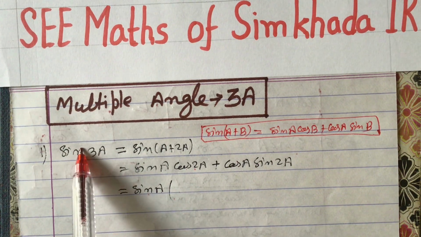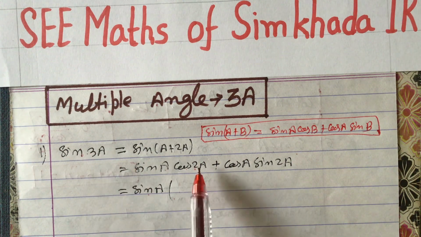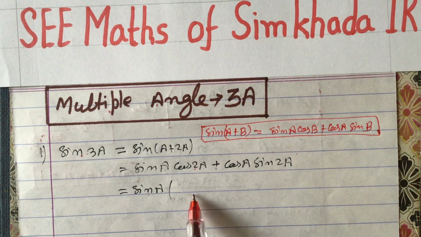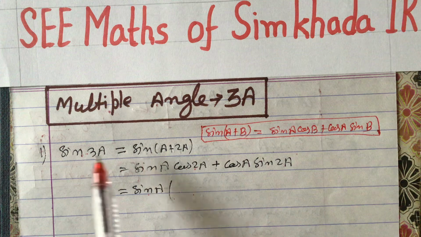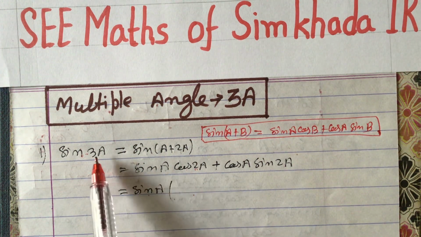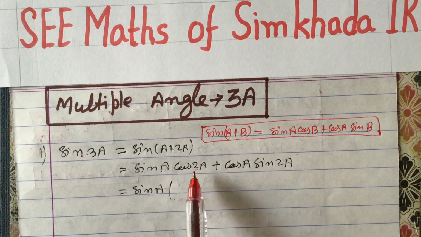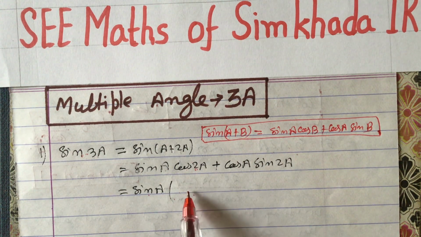The formula of sin 3A will always come in terms of sine. If it is the formula of cos 3A, then we will apply the formula of cos 2A in terms of cos. Which formula are you going to derive? Sin 3A, so the formula of cos 2A also we need to put in terms of sine.